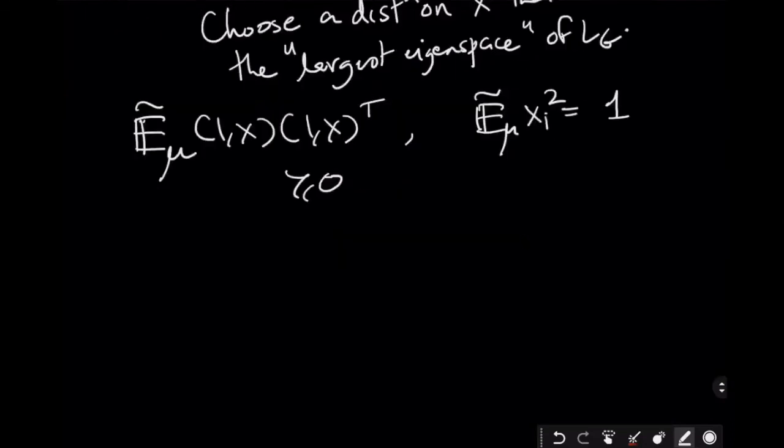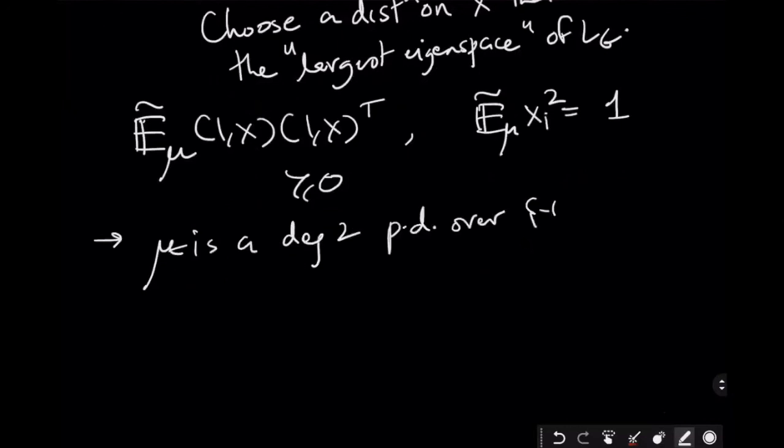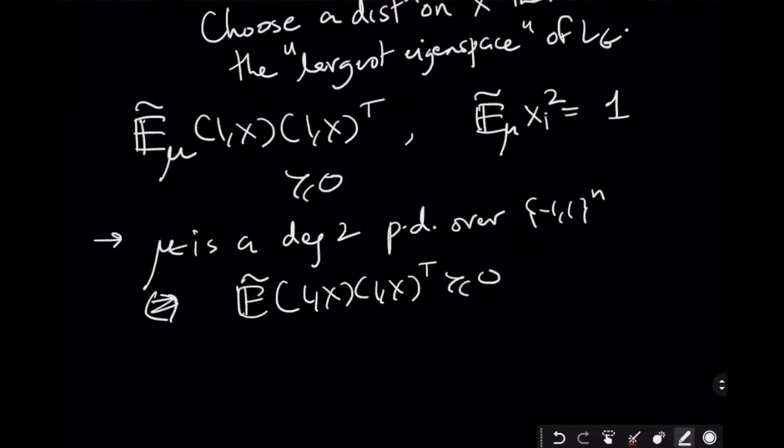So in fact, you can prove that mu is a degree 2 pseudo distribution over the hypercube if and only if E twiddle of 1x transpose is PSD, E twiddle mu of 1 is 1, and E twiddle of xi square is 1 for all i.